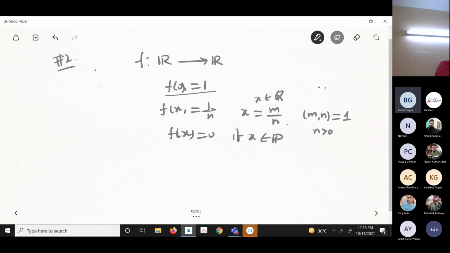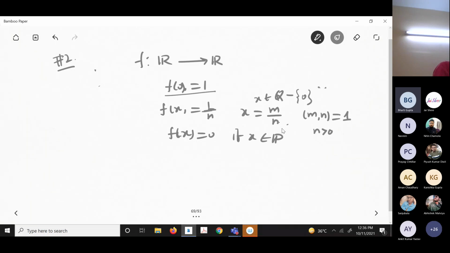Okay, f(0) equal to 1. We have taken that. 0 is defined separately. x belongs to Q minus 0. Otherwise it won't make sense. For non-zero rationals, it makes sense to talk about p and n.